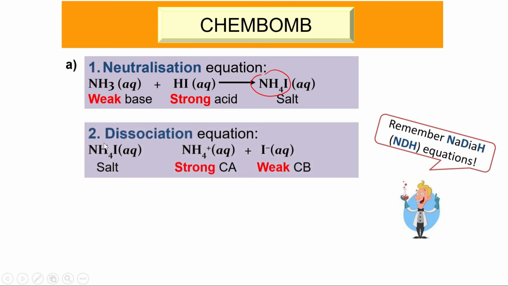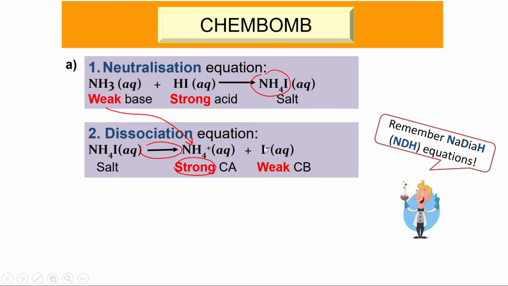Next, the second one is D, which is the dissociation equation. NH4I, the salt, dissociates completely into its cation and anion. This cation comes from a weak base, therefore it is a strong conjugate acid.